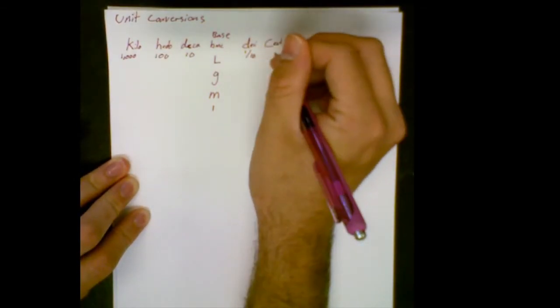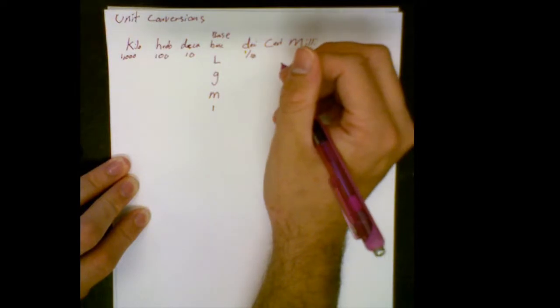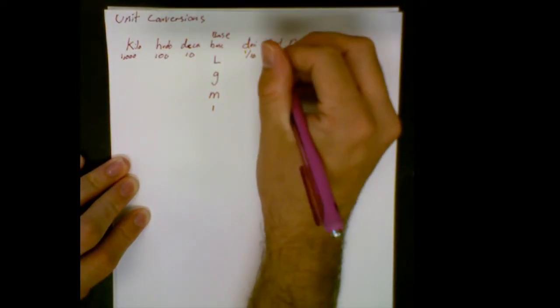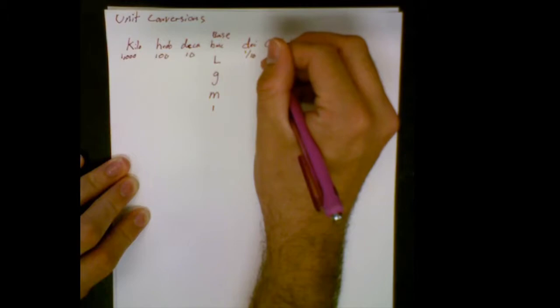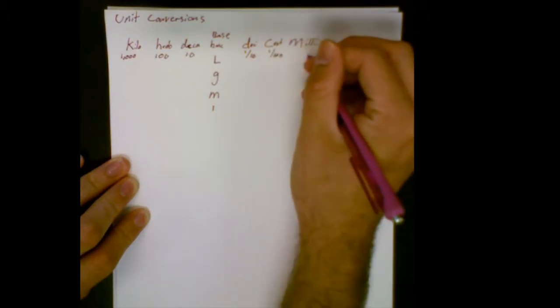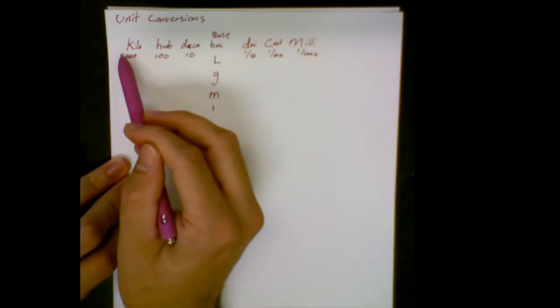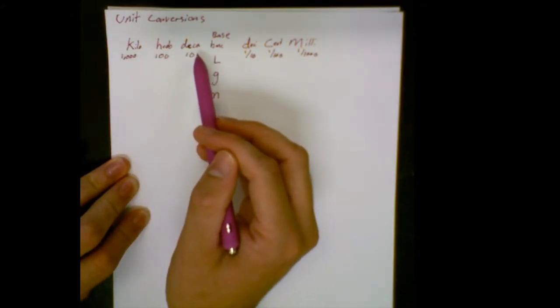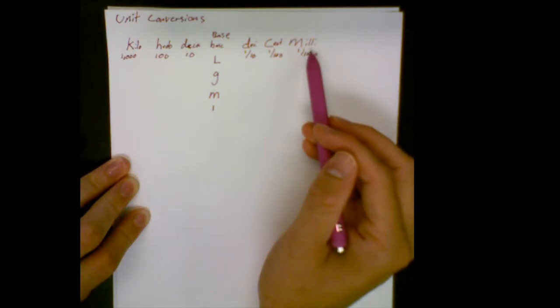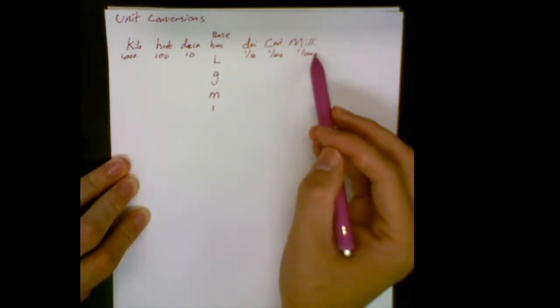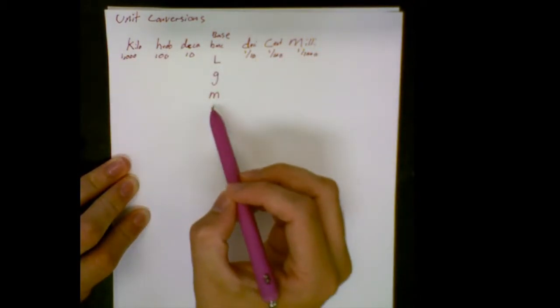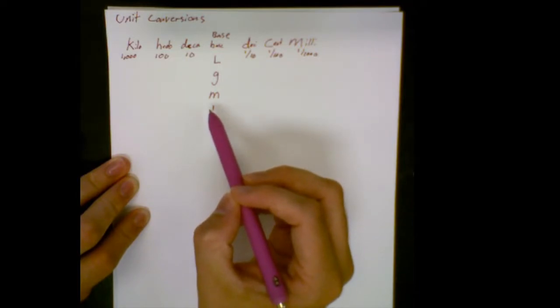So if you have a decimeter, that's 1/10 of a meter. Centi means 1/100th. And milli means 1/1000th. These are the unit labels that you will be responsible for. Kilo to milli, 1,000 to 1/1000, and then the appropriate base units.